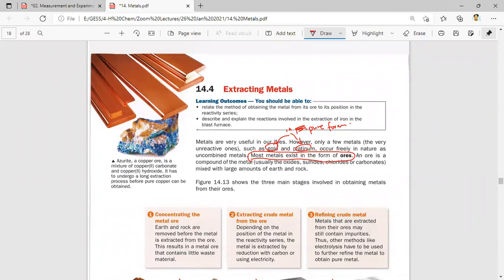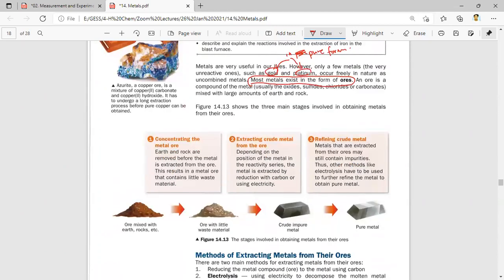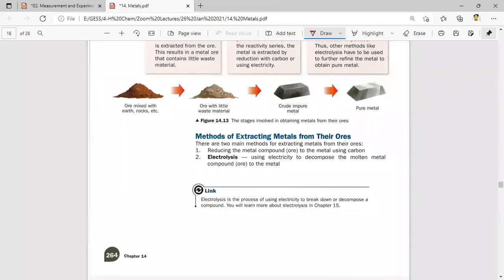There are three main stages over here, but in your syllabus, the main one we're really going to dwell into is reducing the metal compound of the metal ore to metal using carbon. So one example will be your blast furnace.